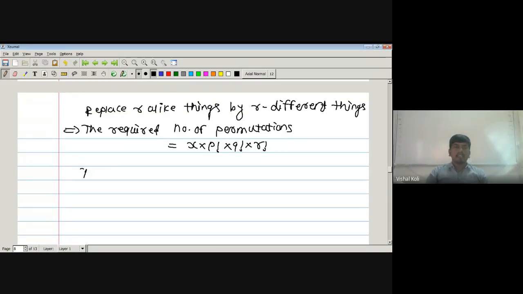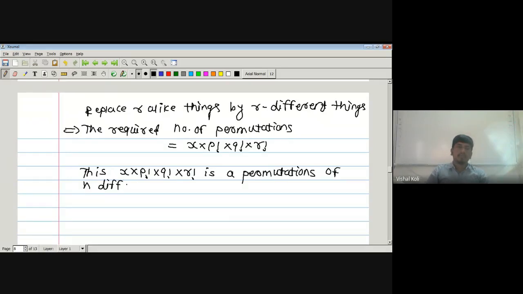So x into p factorial into q factorial into r factorial is a permutation of n different things, since here we have replaced p alike things by p different things, q alike things by q different things, and r alike things by r different things.